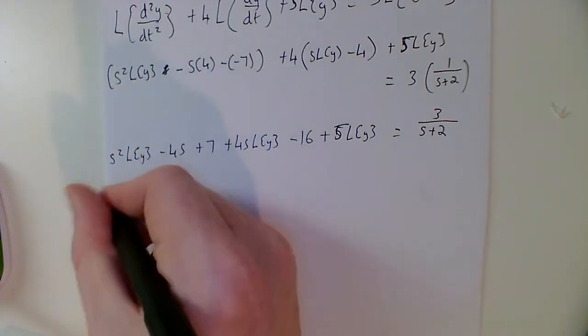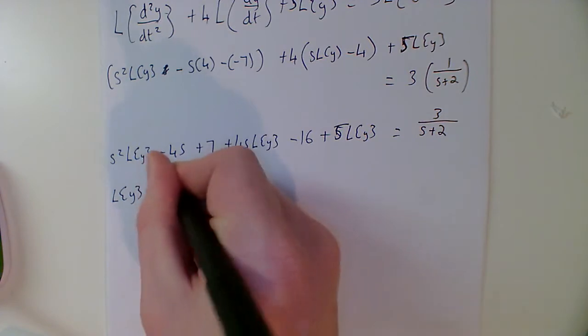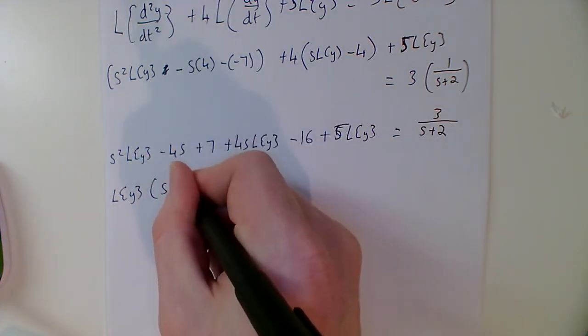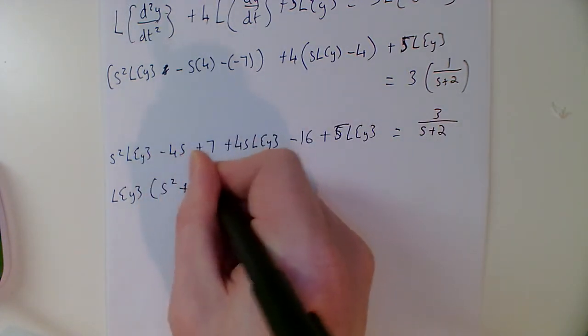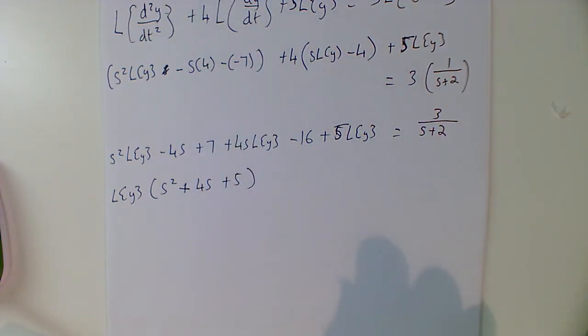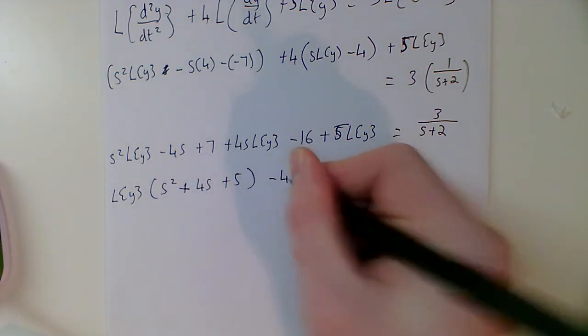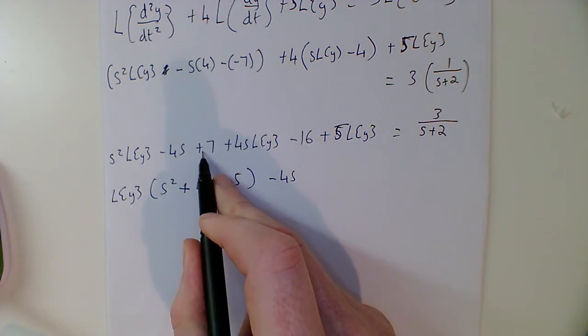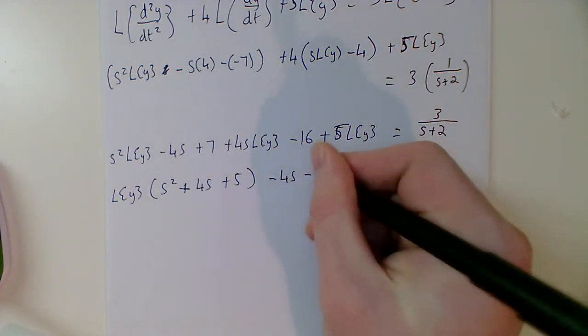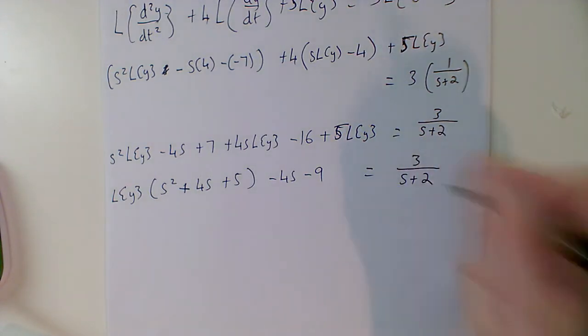Okay, so we now get our LY terms. That will be s squared of them, 4s of them, and 5 of them. And outside the bracket, or outside the LY terms, we've got negative 4s and s7, take away 16, take away 9. Like that.